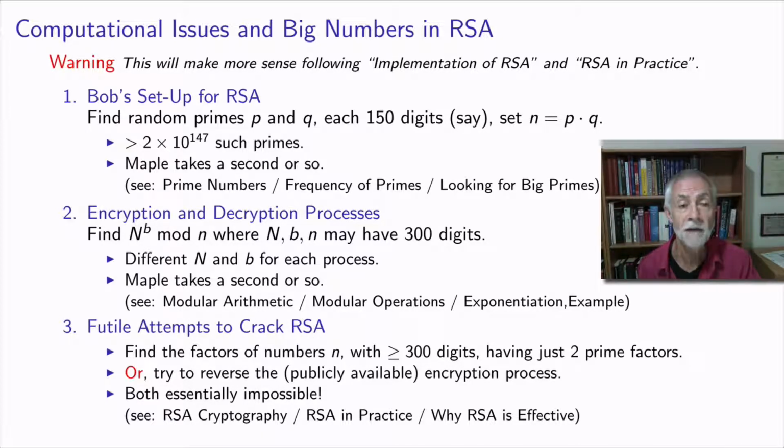Now, maybe somebody will find a faster method, but I think very few people believe that, because these methods are connected with a whole lot of other sorts of problems, which, if fast methods were found, would really revolutionize computer science and mathematics and just our everyday life. So no expert probably believes that it's possible to actually factor these numbers, let's say 300 digits even, with current computing technology in the foreseeable future.